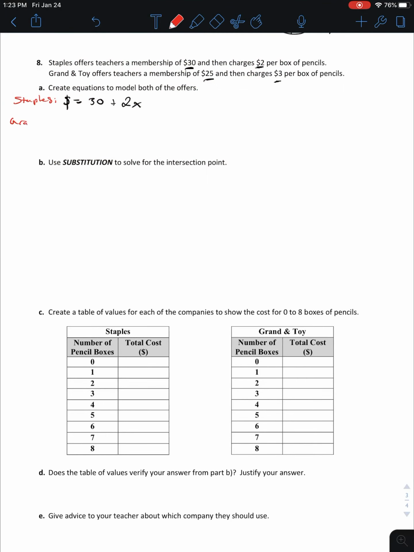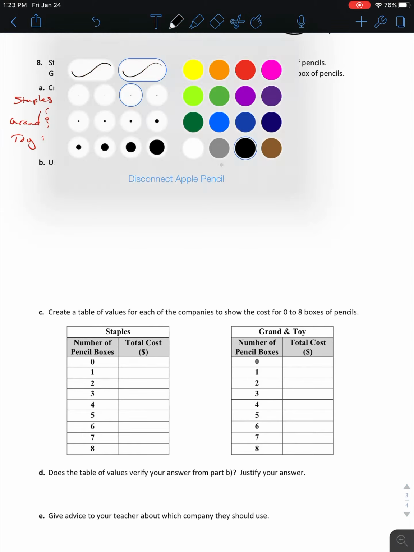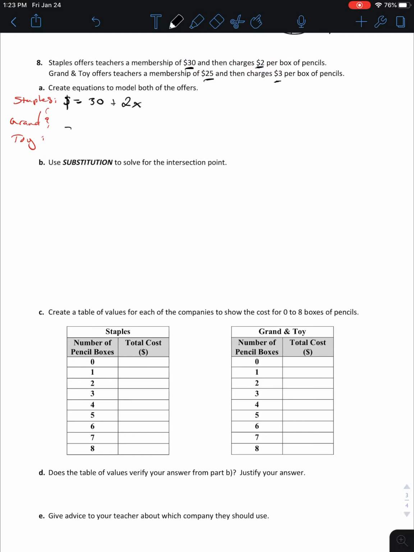Now, Grand and Toy is going to look identical, just with different numbers. Again, we want to know the amount of money they're going to charge us, or what the total cost is going to be to go into Grand and Toy.